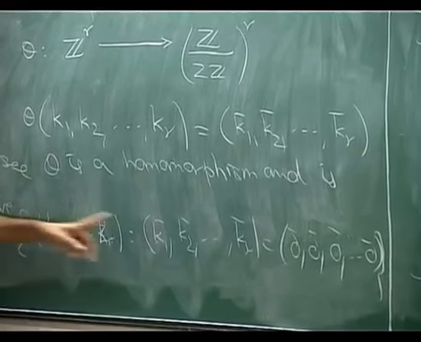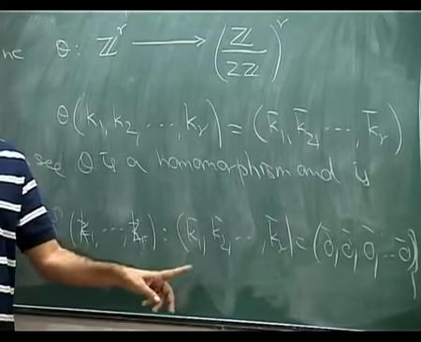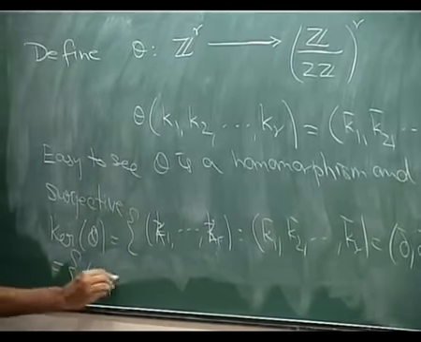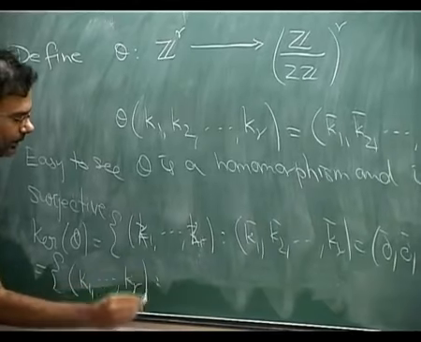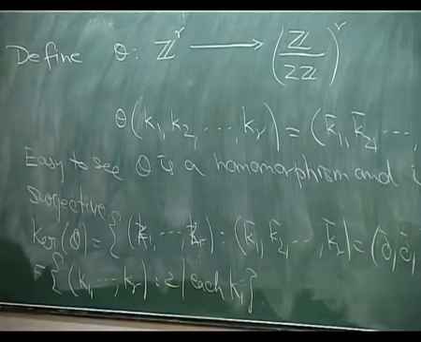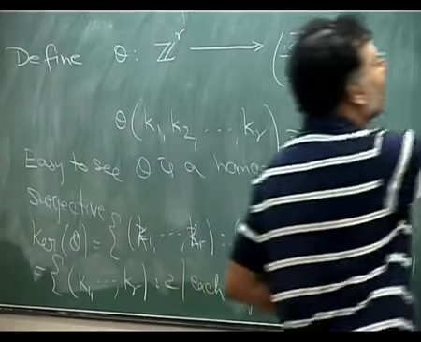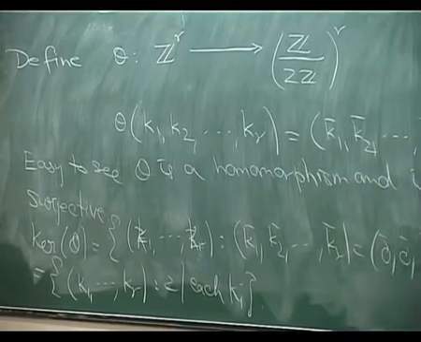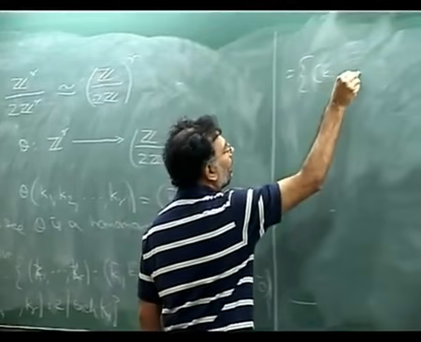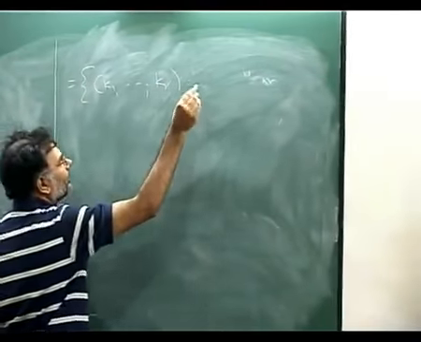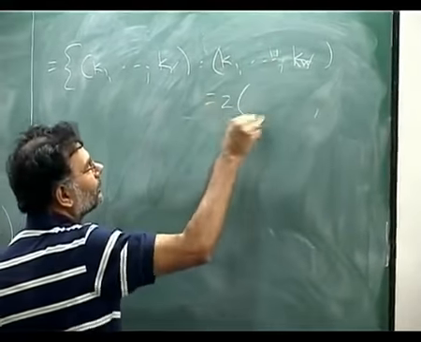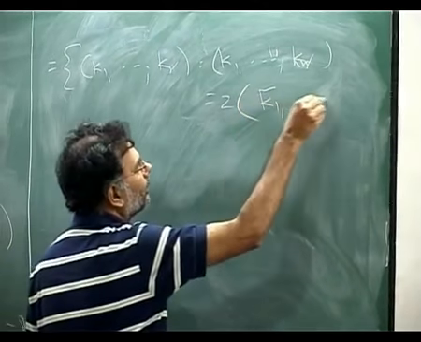That just means k1 should be a multiple of 2, k2 should be a multiple of 2, kr should be a multiple of 2, which is the set of all k1 up to kr such that 2 divides each ki. But then what does that mean? If 2 divides each ki, it is the set of all k1 up to kr such that k1 up to kr is 2 times something, k tilde 1 up to k tilde r.